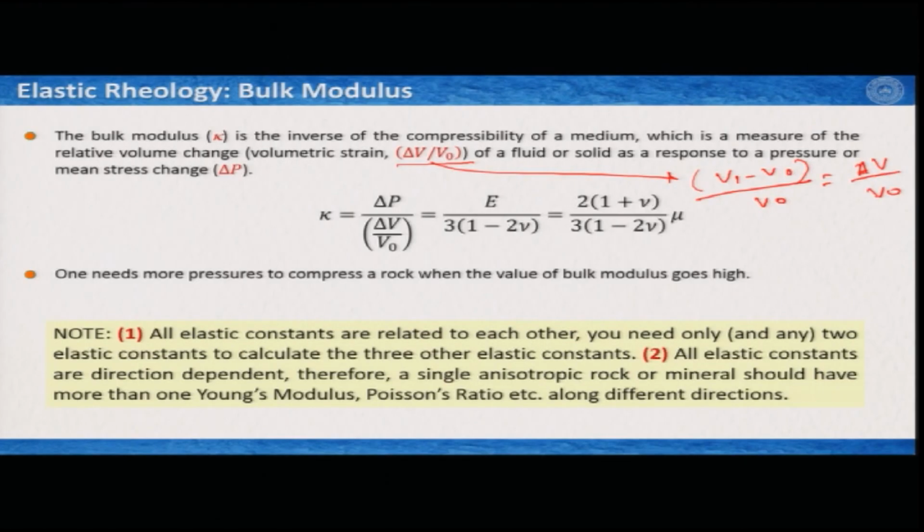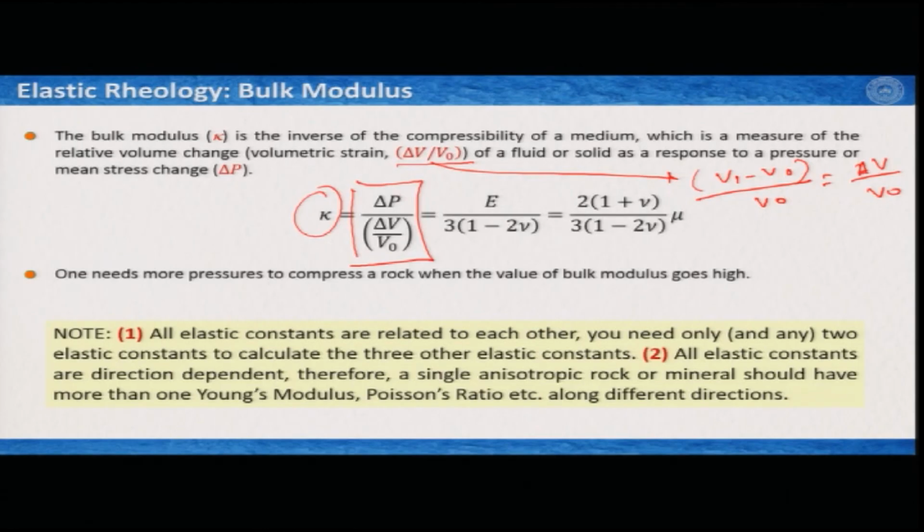That is the relative volume change of the material you are considering with the change of pressure. So, if I am increasing or decreasing the pressure, how much volume change is the rock experiencing within the elastic domain? That is your kappa, or bulk modulus. You can write it this way.